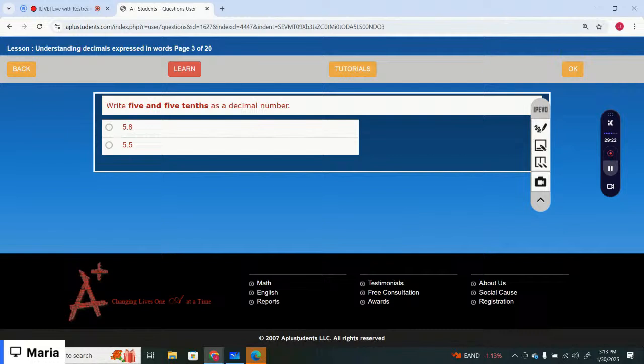Write 5 and 5/10 as a decimal number. That is 5.5.